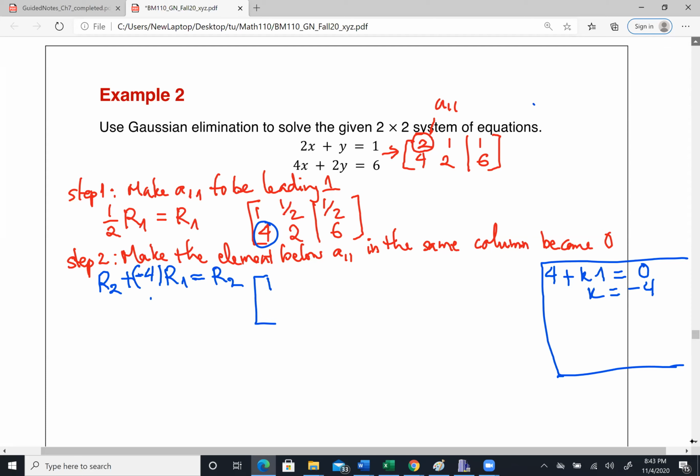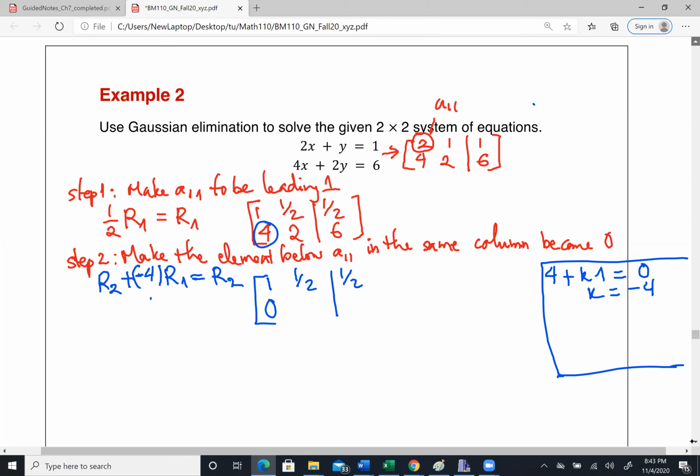Okay, now let's make the matrix. Row 1 will not change, so just keep row 1: 1, 1/2, 1/2. For the second row, the first one should become 0, because 4 plus negative 4 times 1 equals 0.